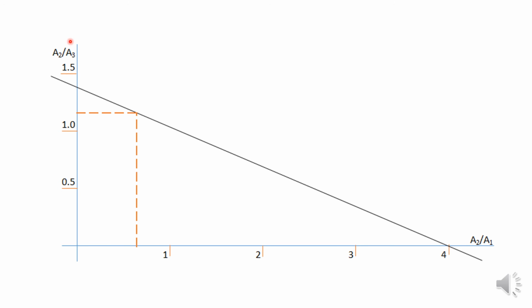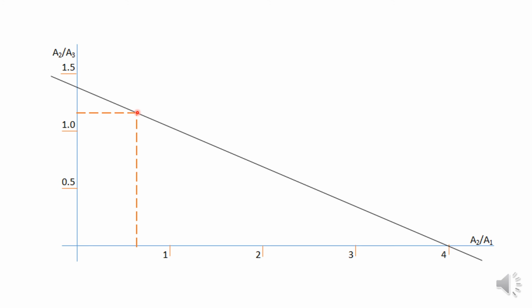Now what about the A2 over A3? You would want the A2 to be greater than the A3. Remember, A3 is the diagonal member. You want the diagonal member to be smaller than the member on the perimeter. So you want this ratio to be a little greater than 1, somewhat greater than 1.